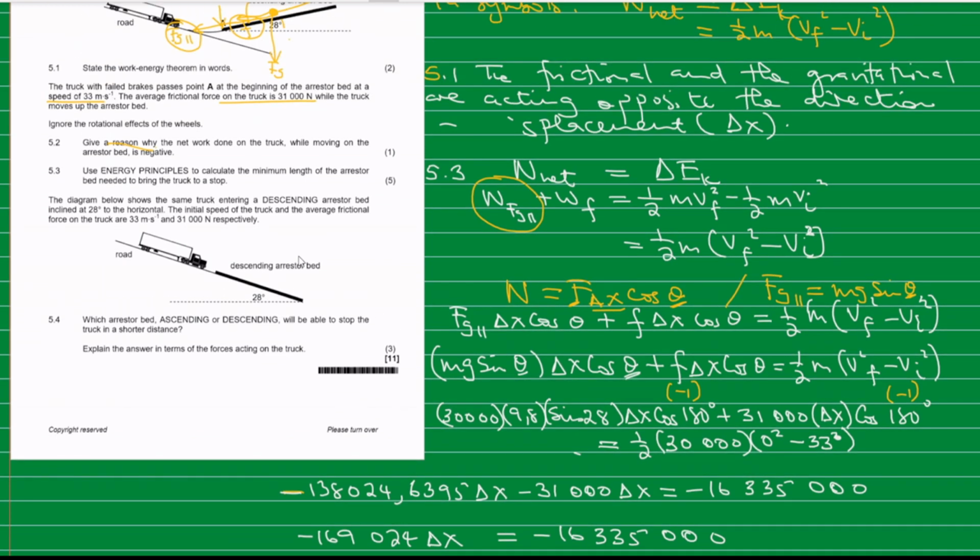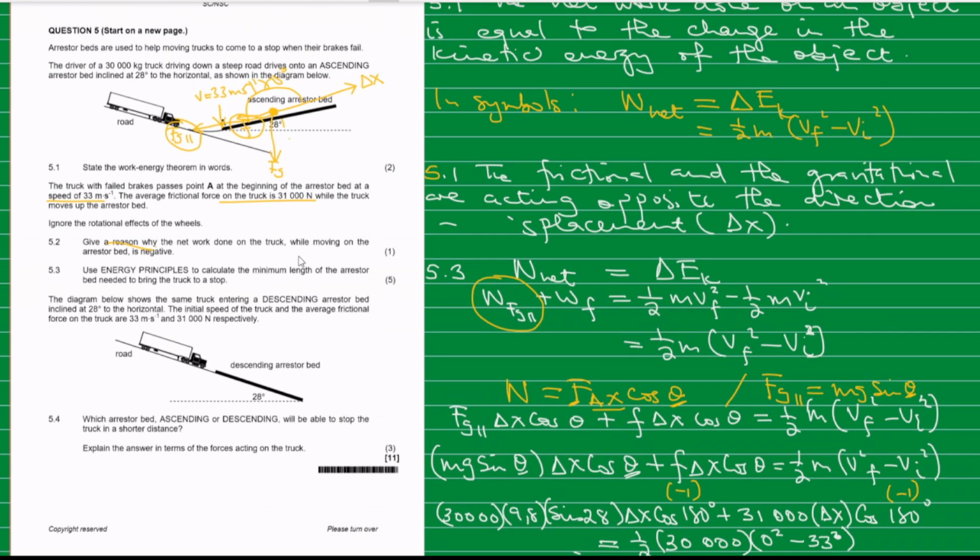So we have been given two types of arrestor beds. This one is the ascending one, and this one is the descending one. I think your guess is as good as mine that the ascending one will be able to stop the truck in a shorter distance. But now we are asked to explain that.